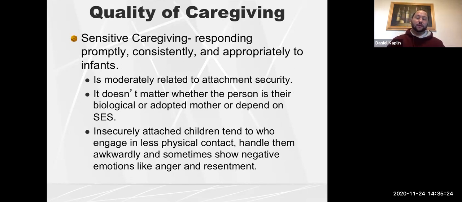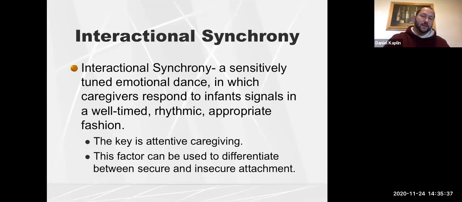And what we find about caregiving is that insecurely attached children tend to be far less engaged. They tend to be handled awkwardly. There's greater negative emotions like anger and resentment.